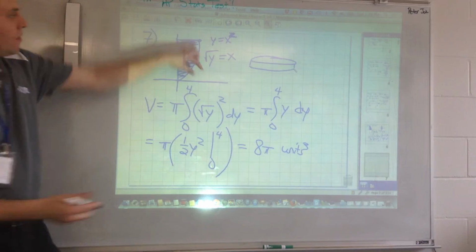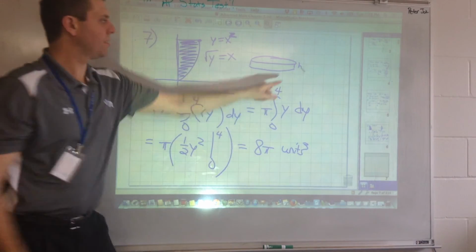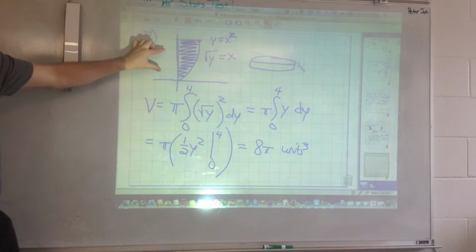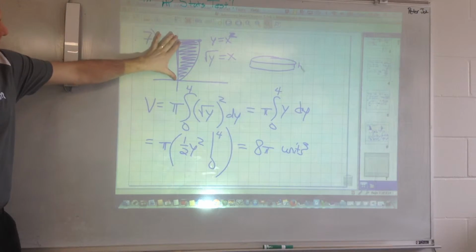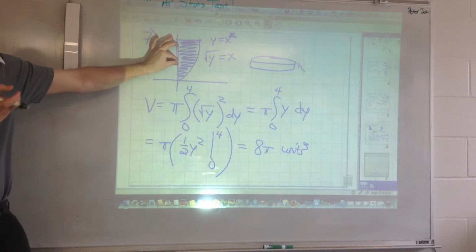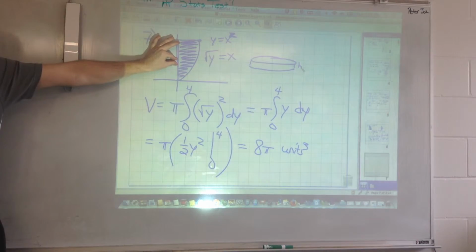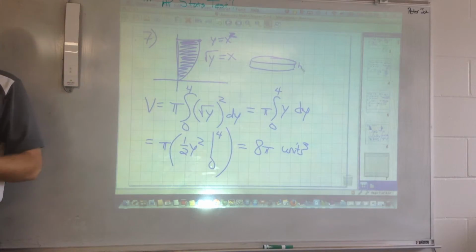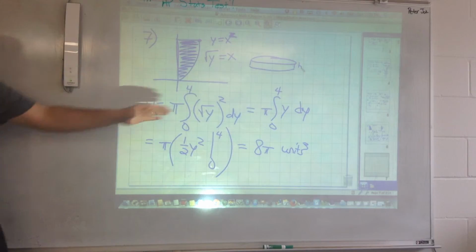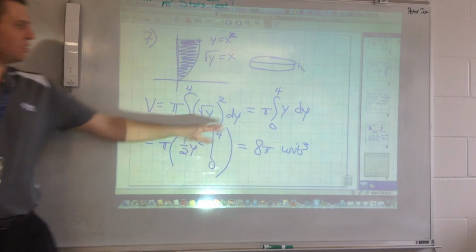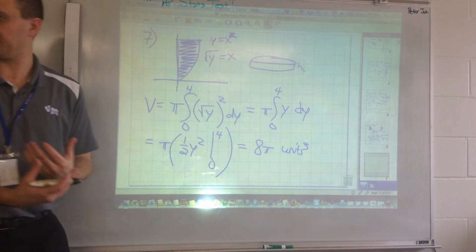The height right here is really your change in y, or the difference between a couple y values right here. And the difference between those y values as they get really, really small could be known as delta y, a change in y.